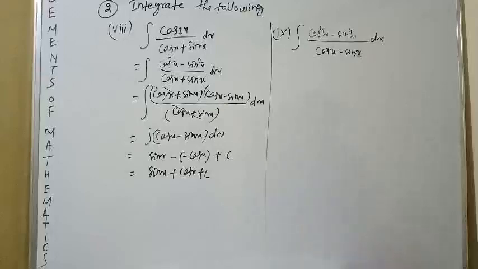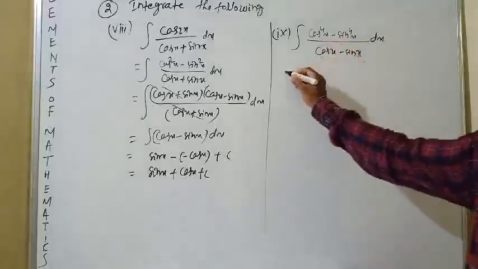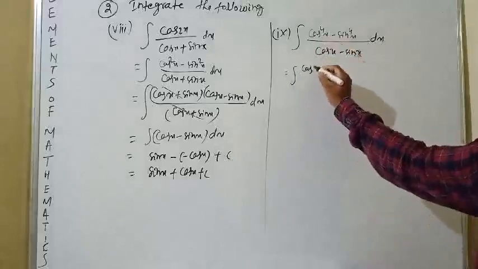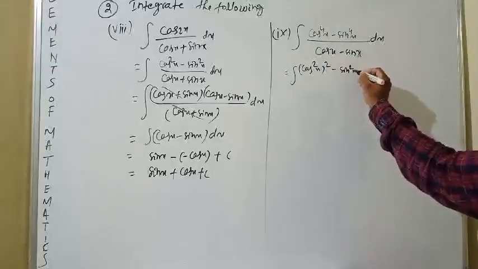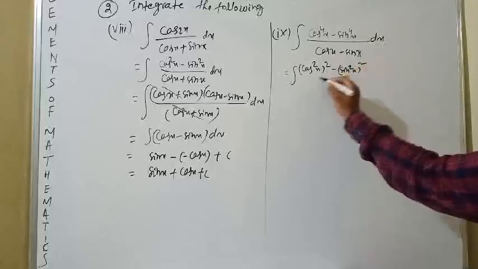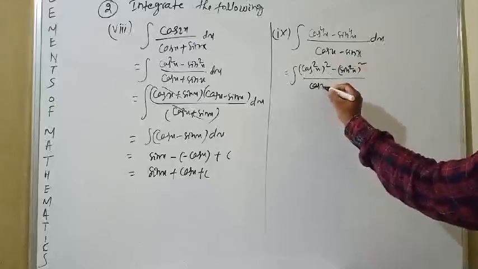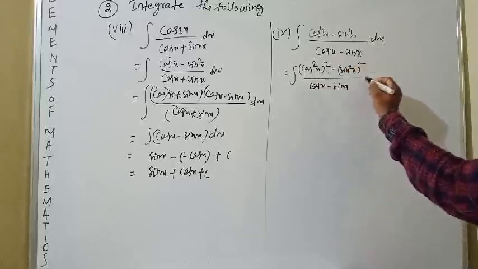You see the next question, question number 9: cos 4th x minus sin 4th x by cos x minus sin x dx. You see, we can write (cos square x) whole square minus (sin square x) whole square, divided by cos x minus sin x dx.